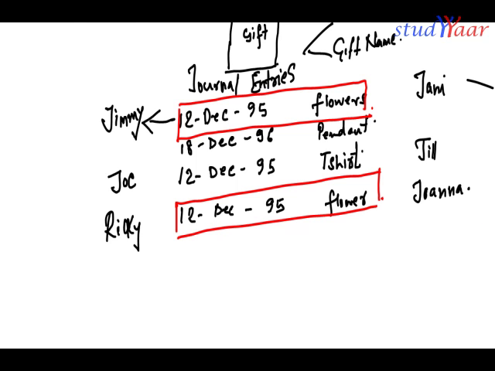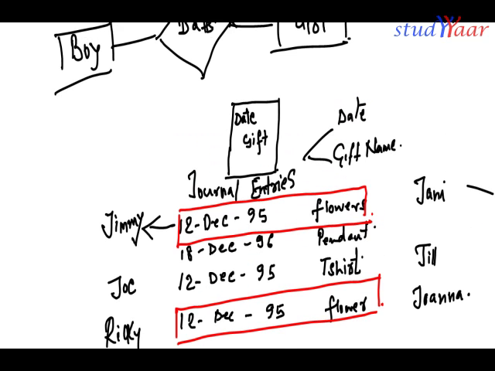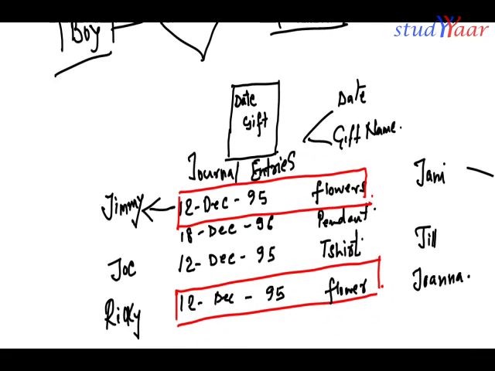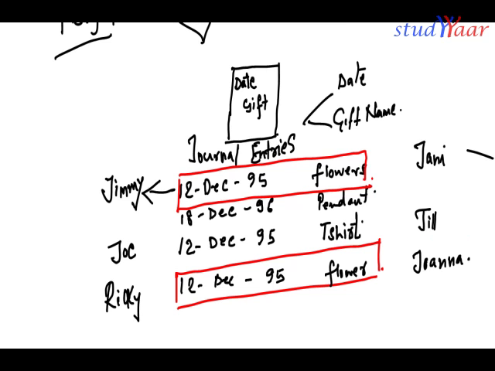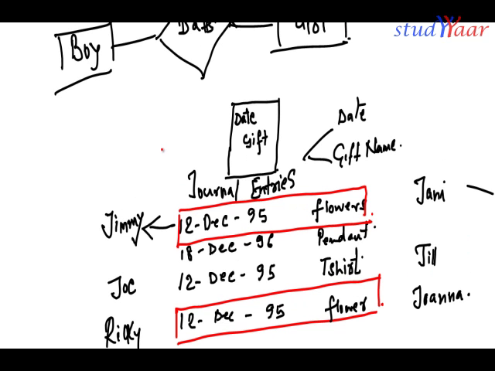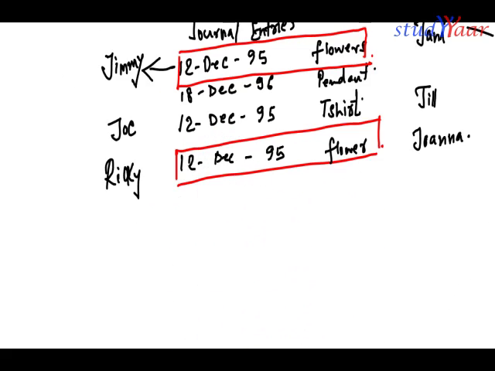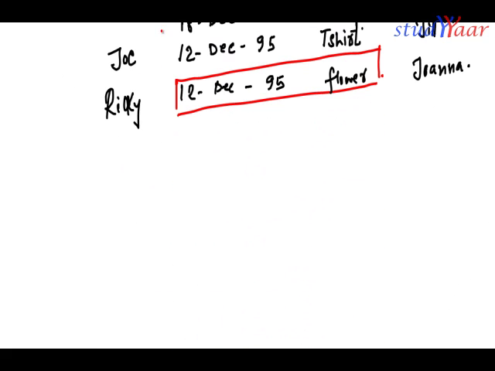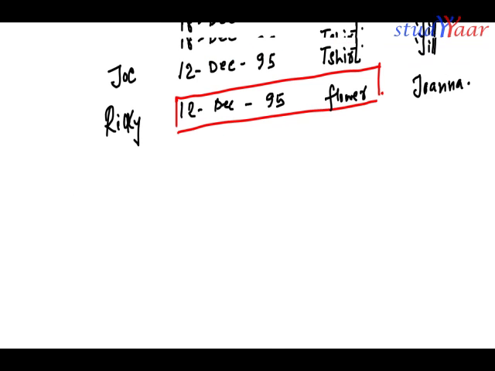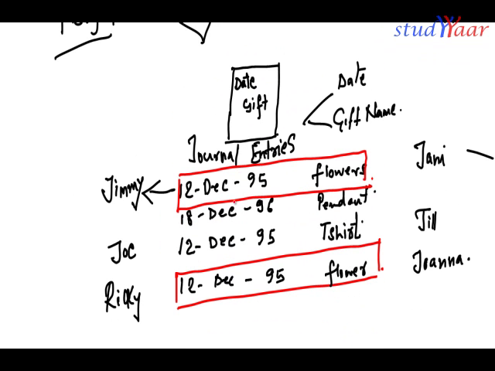So if I have to model this entity type, I have to relate this journal entry to the boy. However, if you include the name of the boy, then you are able to uniquely identify a journal entry.